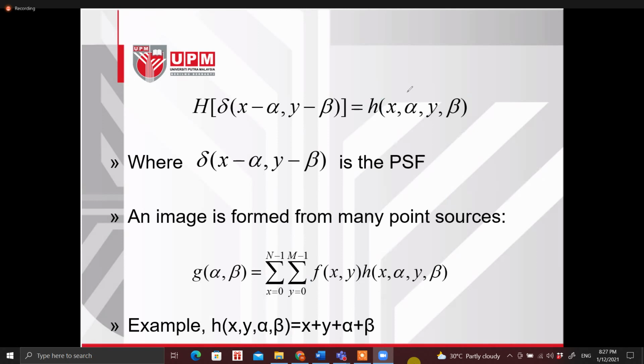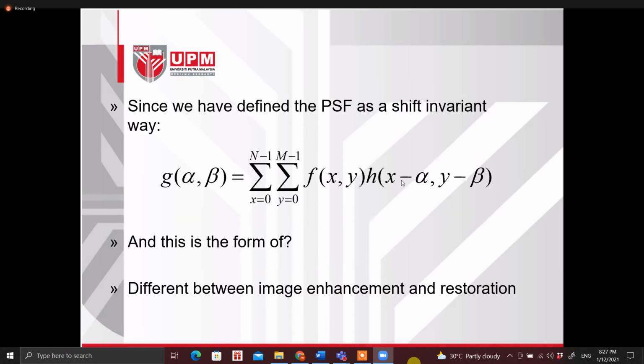Okay. Next, we can also, okay, hold on a minute. Not sure why it doesn't change. Okay. Next, we can also try to further simplify the equation.